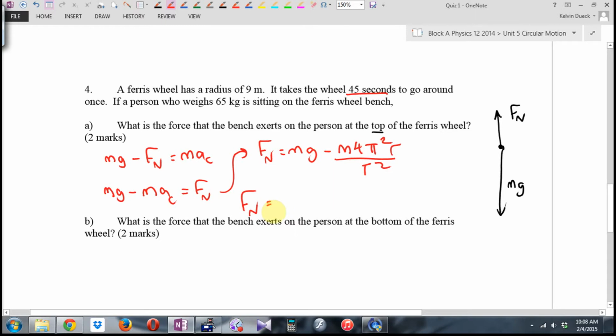Going to be smaller than mg, but not by much because the Ferris wheel's pretty tame. 65 times 9.8 minus 65 times 4 pi squared 9 all over 45 squared.